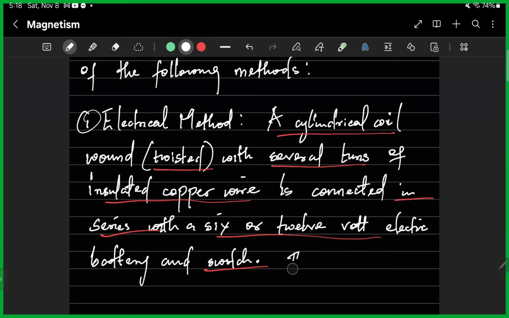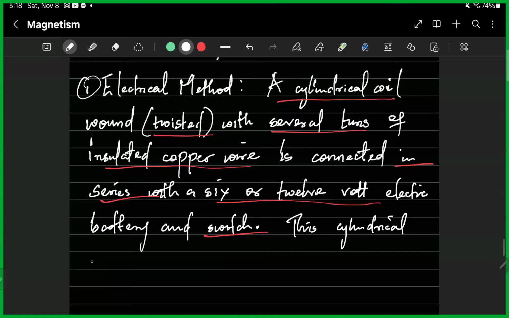This cylindrical coil is called a solenoid.